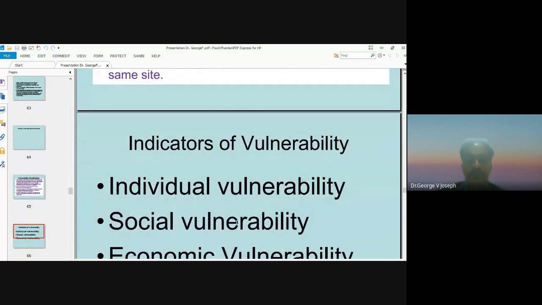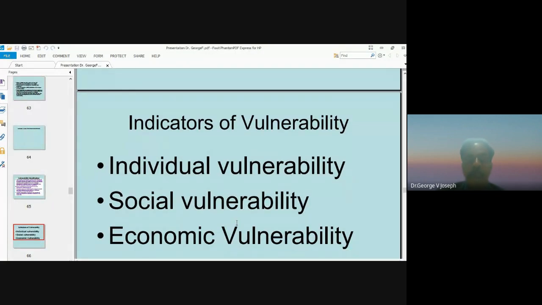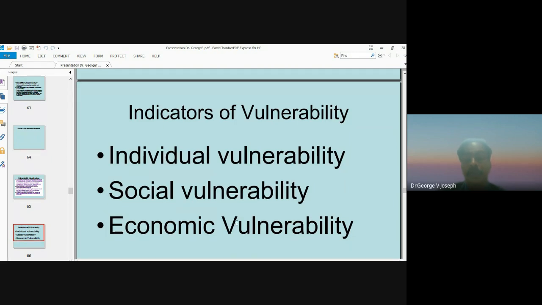And when you speak about indicators of vulnerability, one aspect is how the individual is vulnerable. Then how the society as a whole is vulnerable, how it is affecting the social activities of the community, maybe education, health, or employment, and economic vulnerability. Your infrastructure, is it getting affected?